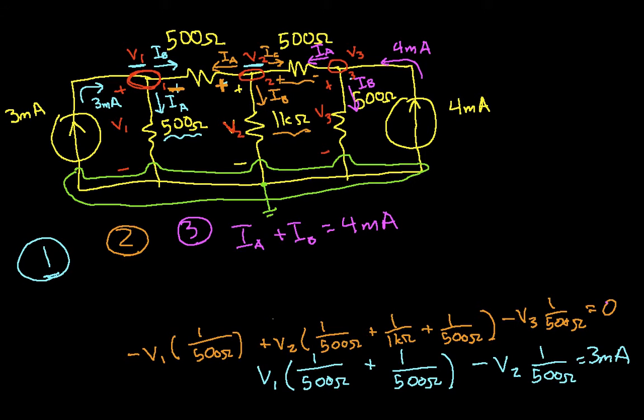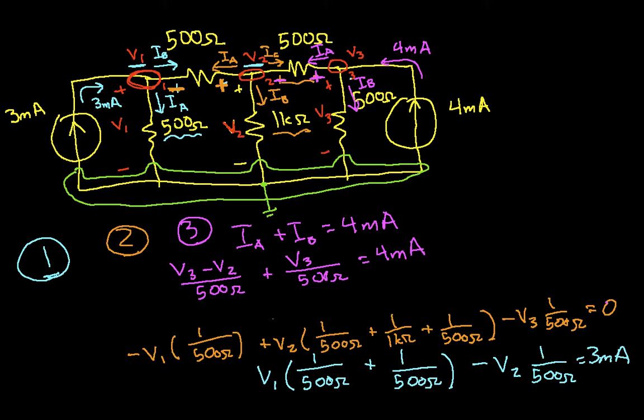Okay, well, IA is going to be the current through the 500 ohm resistor with this orientation. And you can see that the voltage across the resistor would be V3 minus V2, and I divide by 500 ohms, plus IB, that's going to be V3 over 500 ohms, and this is equal to 4 milliamps.